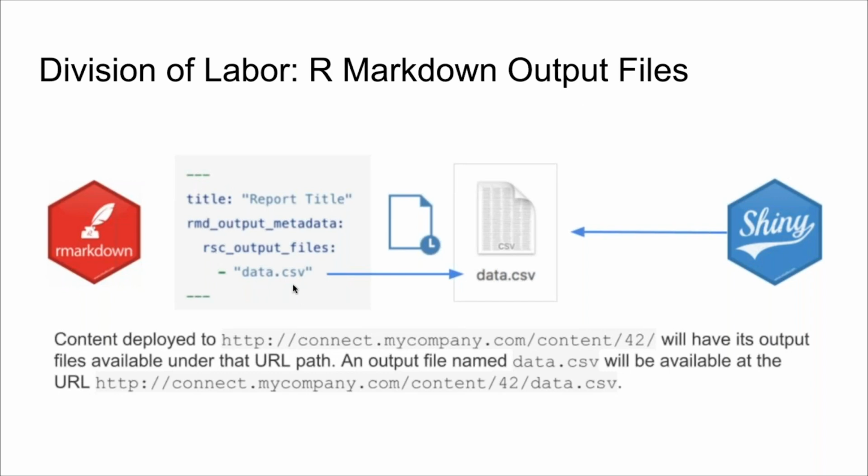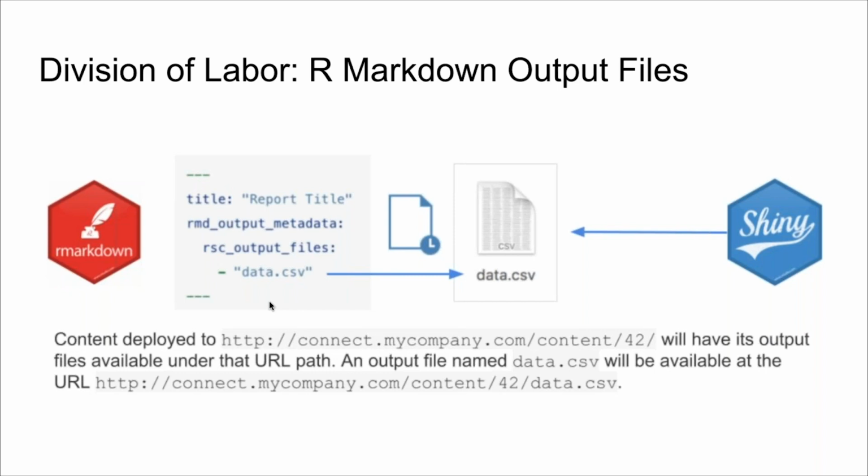In the case of this image, I have this report called report title, very descriptive, and it has an output file that contains this data.csv file. So in the course of this report running, it creates this data.csv file, writes it out, and then it just gets hosted on RStudio Connect alongside my R Markdown report.